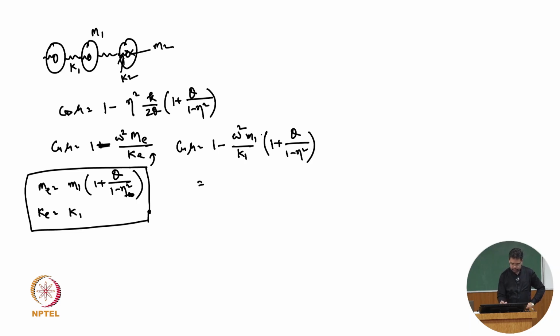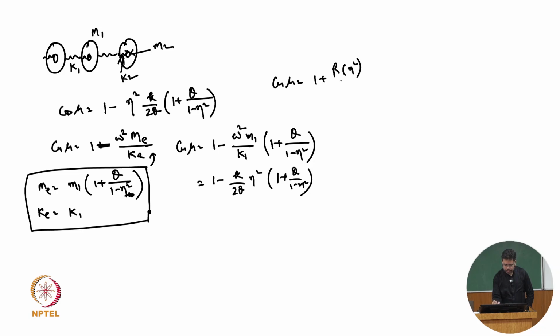In the same way, this becomes kappa divided by 2 theta into eta square into 1 plus theta by 1 minus eta square. Okay, so now we are again rewriting it as cos mu equal to 1 plus r of eta square divided by q of eta square.